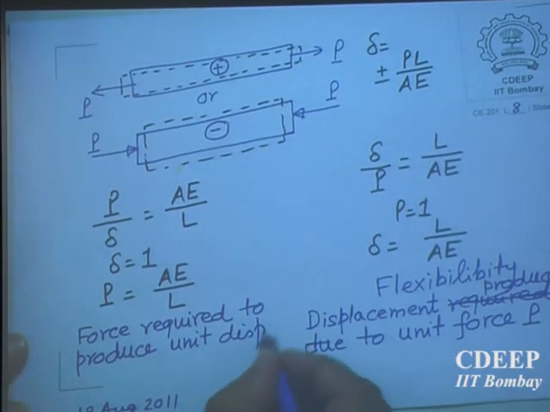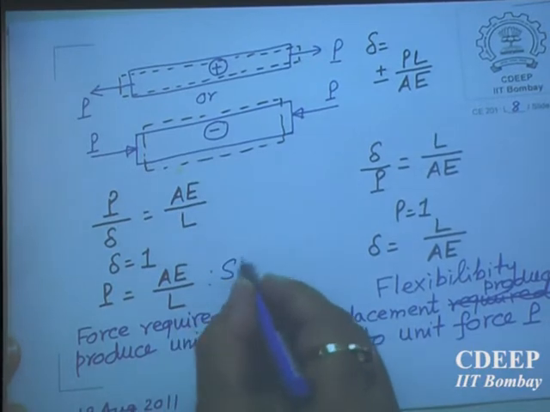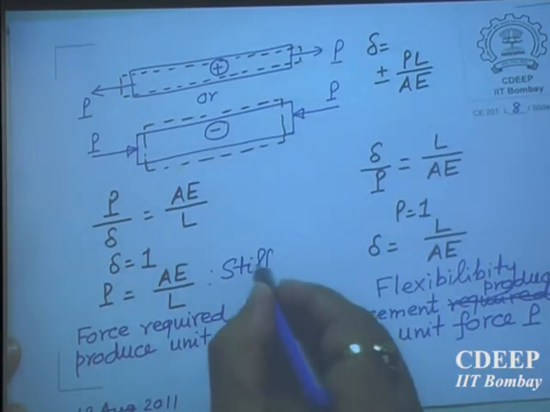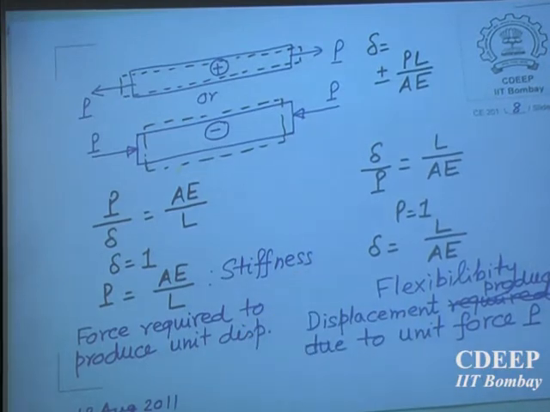This is a measure of stiffness. So we call this stiffness, and stiffness is the inverse of flexibility.